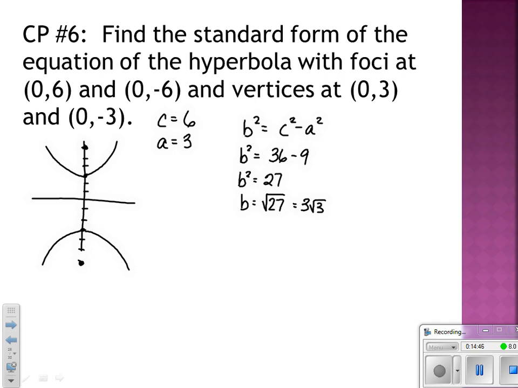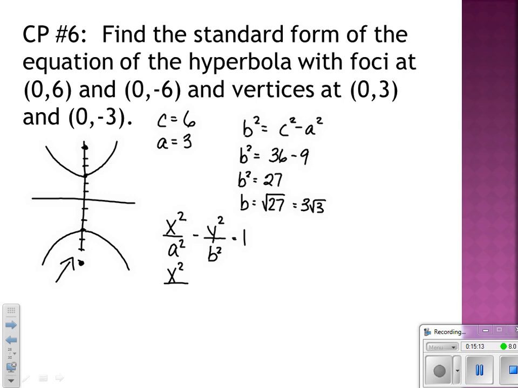All right, so this must be your transverse axis, which is clearly a vertical one. The transverse axis is the y-axis, which is vertical, which means we're going to use this standard form to fill in. Now we can use our a's and b's that we found.